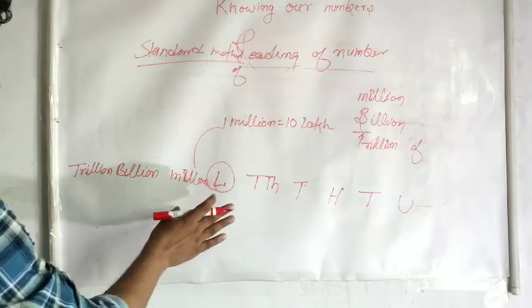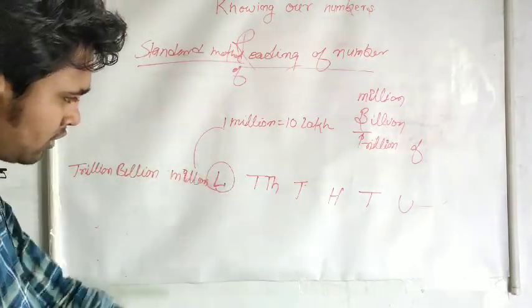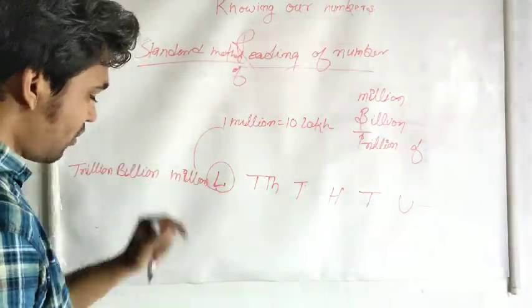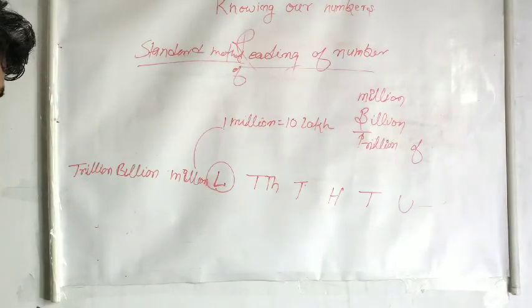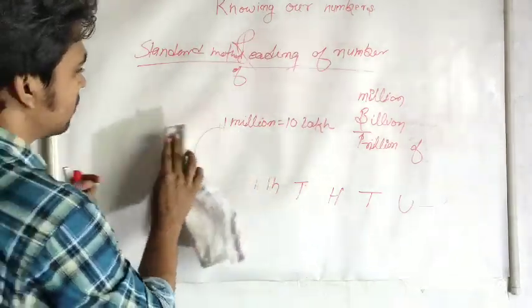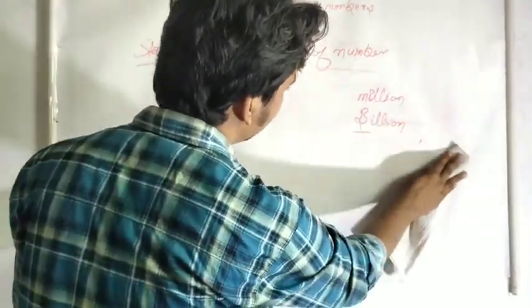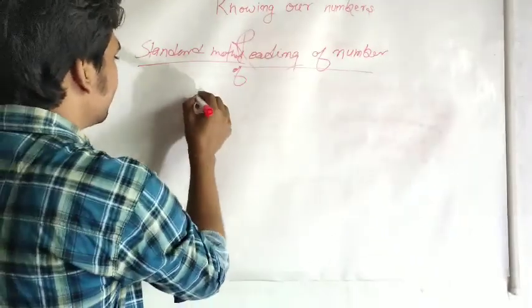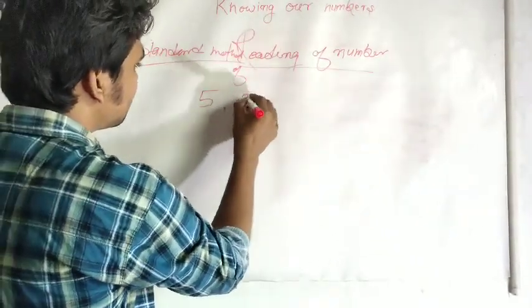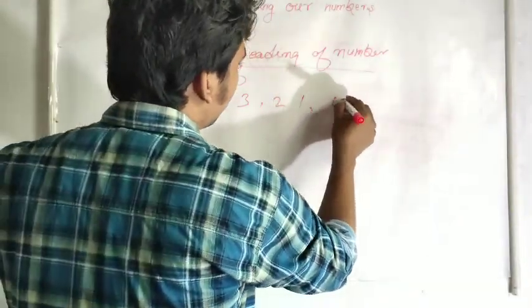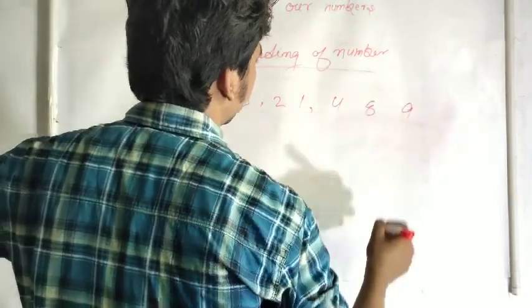Now we will take a number and read it with the help of the international method. The number is 5, 3, 2, 1, 4, 8, 9.